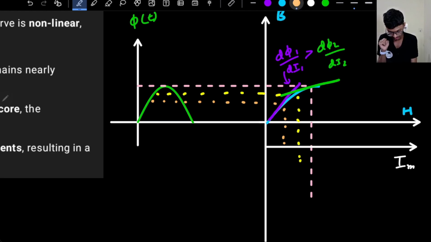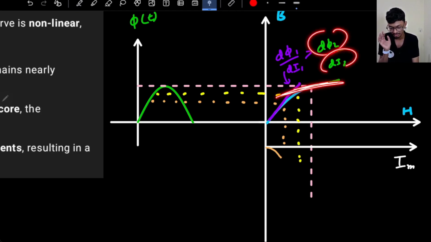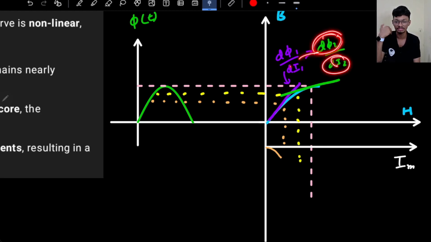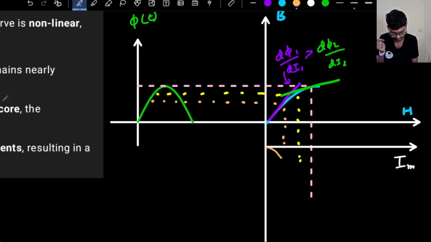So initially the current graph will be somewhat like this. Suddenly, as I move along the BH curve, d phi 2 upon di 2 is smaller than the previous one. So for the same change in flux, as the slope is smaller, the denominator has to be higher, so the change in current will be larger. Suddenly there will be spikes in the current.